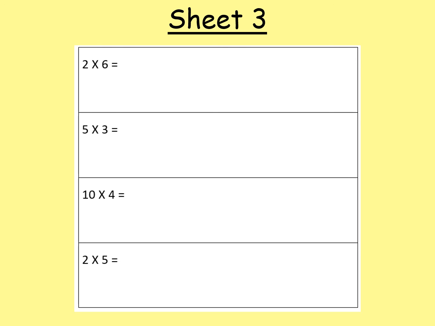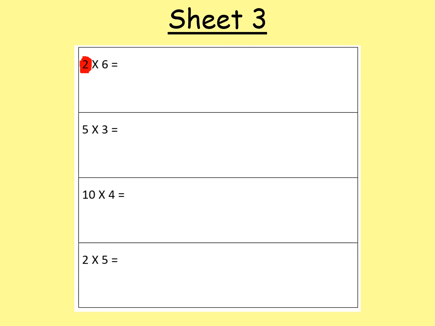Right, so let's have a look at the first number sentence. The first number sentence we have got is 2 times 6. Now, how could we answer this? What could we draw to help us get our answer? Well, guys, this 2 means that we need to have 2 groups.